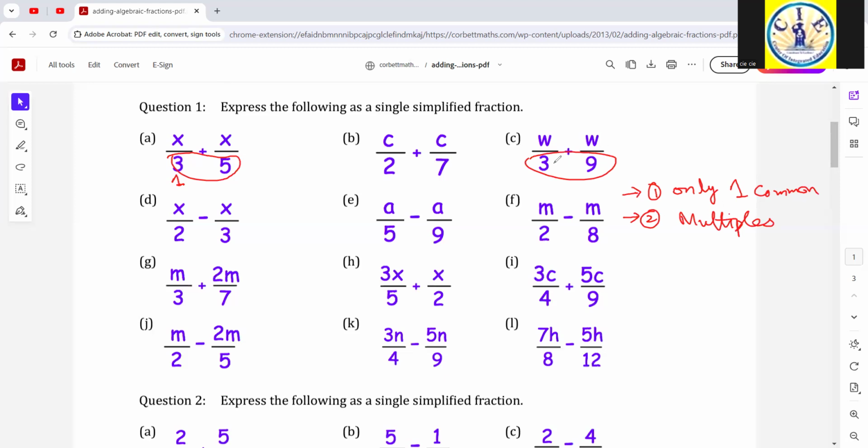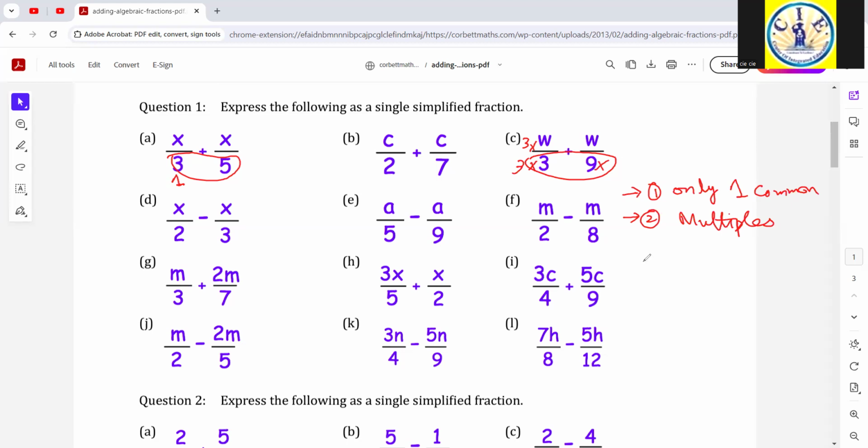As 9 is a multiple of 3, you just multiplied the first fraction by some factor so that their denominators would equalize, and you didn't multiply the second fraction by any number.